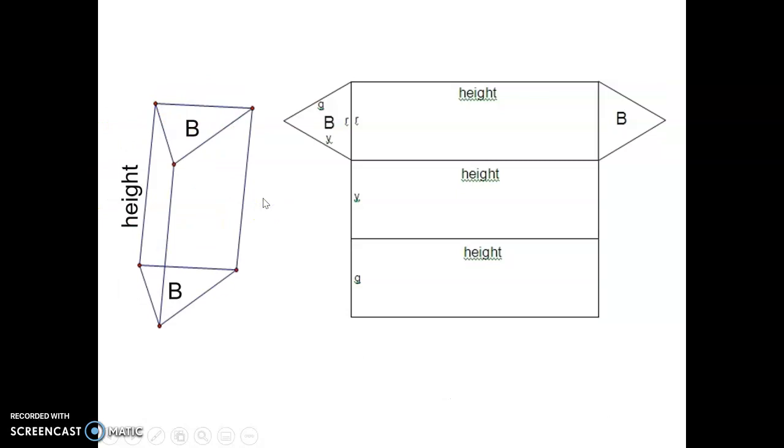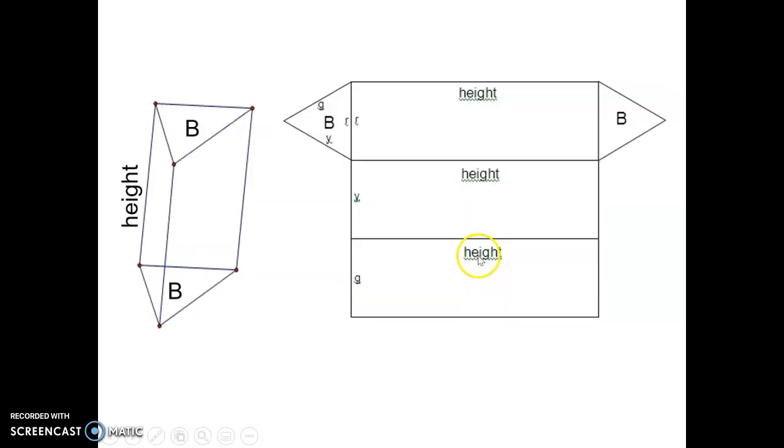Here's a triangular prism. It's a triangular prism because we have one base that's a triangle, and congruent and opposite and parallel to that one, another base, the same triangle. So it's a prism with these two bases. Here's the net for that one. And notice the net has the two bases, and then it has three lateral faces, not four like the last one.